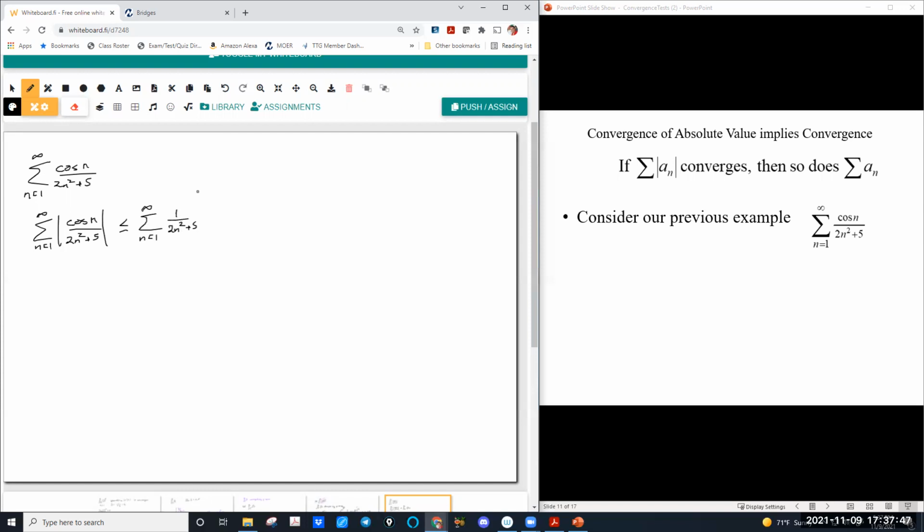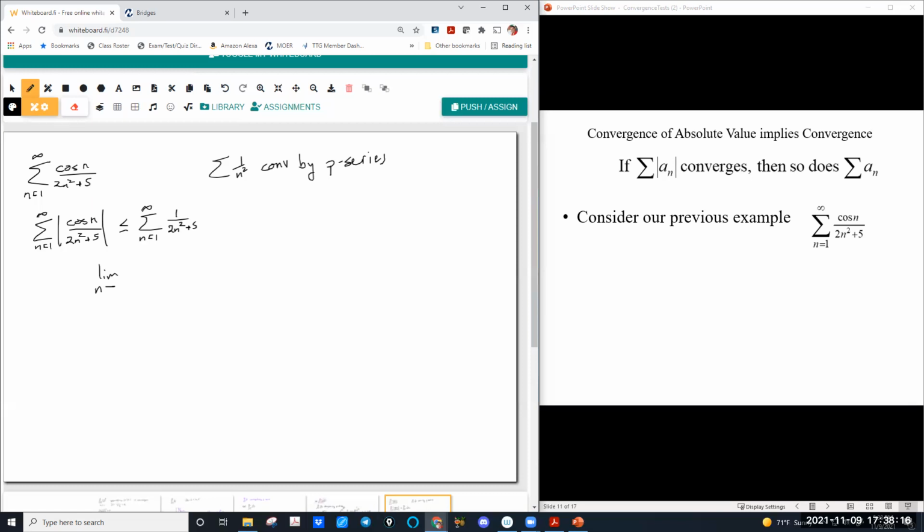All right, we could do either a comparison test or a limit comparison test. Let's do another limit comparison test. We already know 1 over n squared is convergent by the p-series test. So let's do a limit comparison test so we can see another example of it.